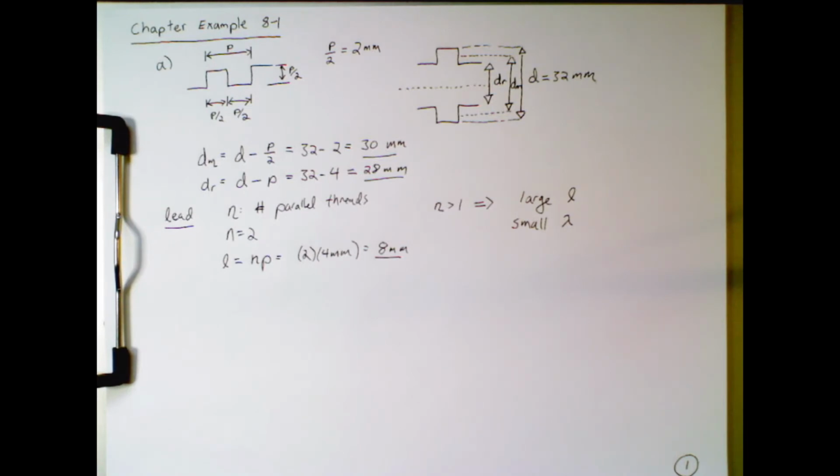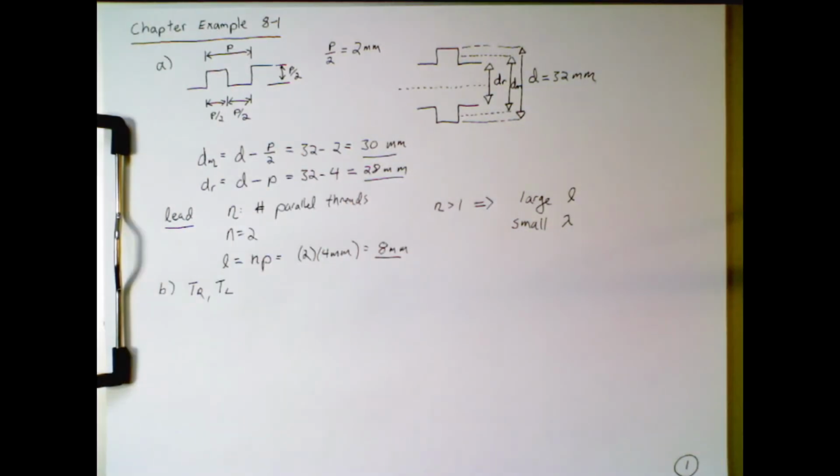We have a lot of translational movement for a small amount of rotational movement. But why would a small value of the lead angle be important? Well, remember, the lead angle is one of the most important factors, along with friction, in determining whether a power screw is self-locking or not. This also has an influence on efficiency.